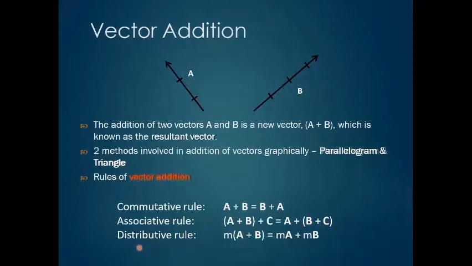And last one is distributive rule. So dalam distributive rule, if a constant is multiplied with the addition of two vectors A and B, it is also equal to bila constant tu darab with each vector and then kena tambah dua-dua.